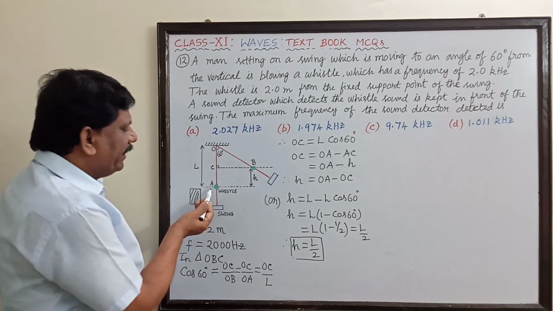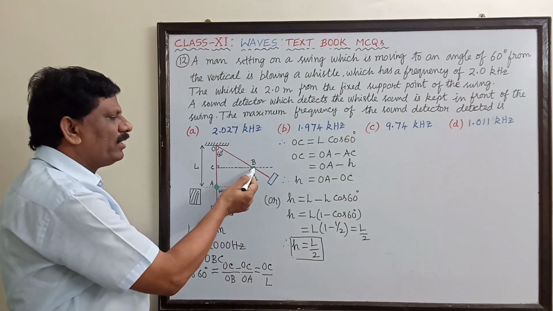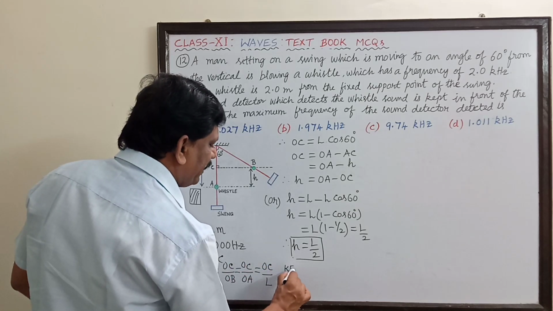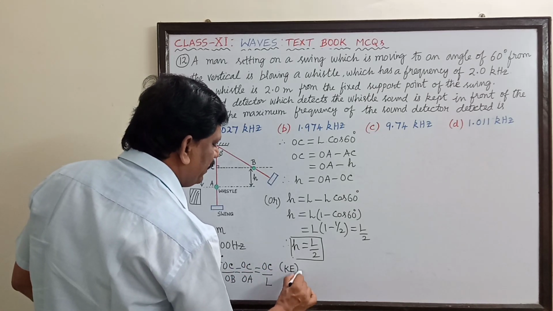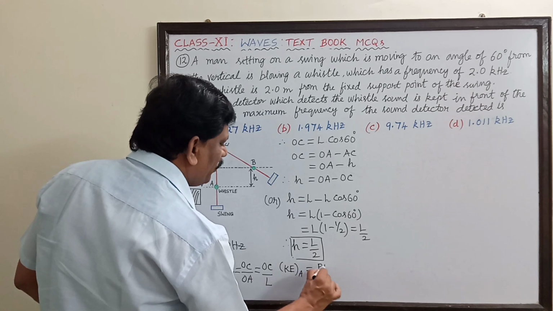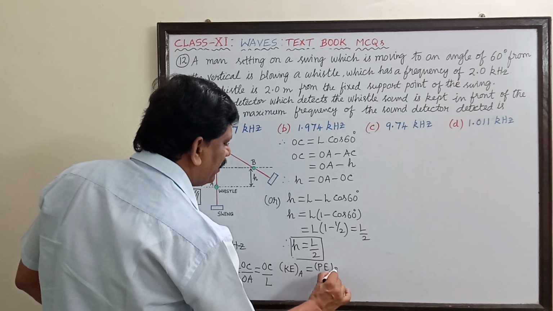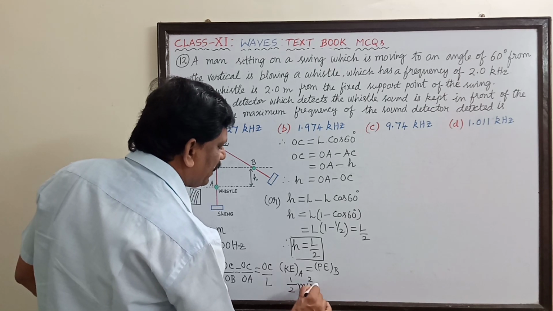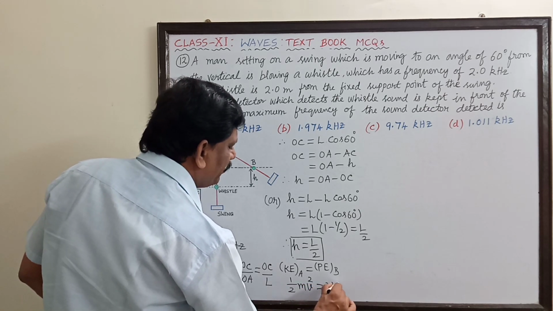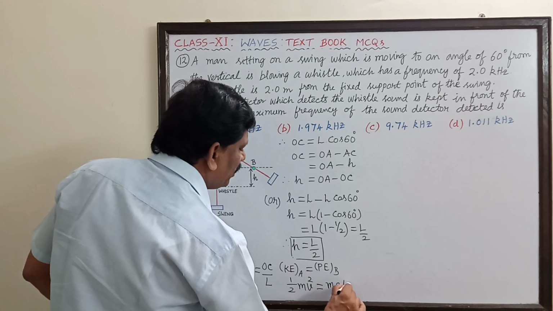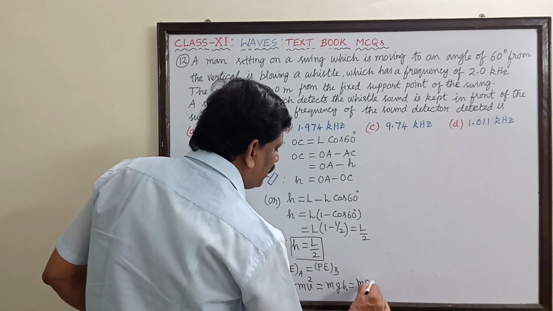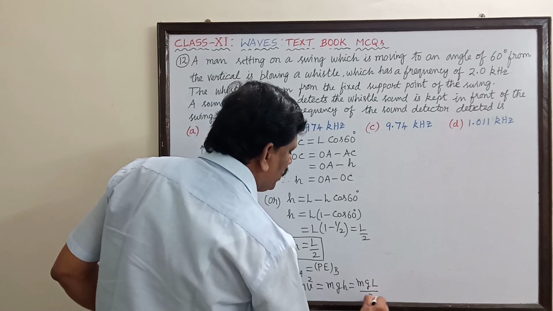Now the kinetic energy at A must be equal to the potential energy at B. So half m v squared is equal to m g h, which is also equal to m g L divided by 2.